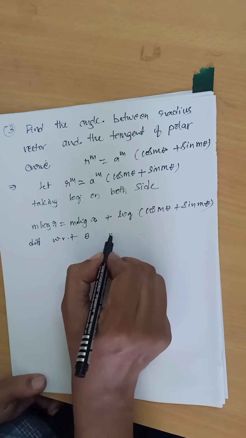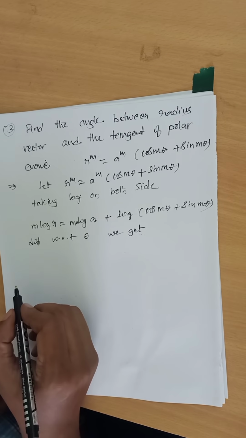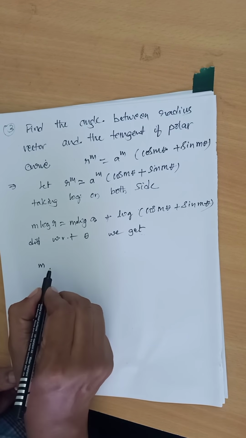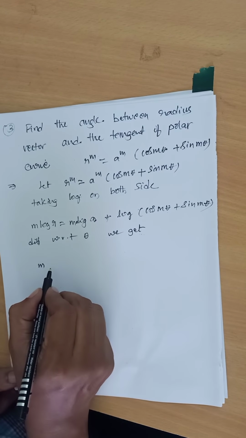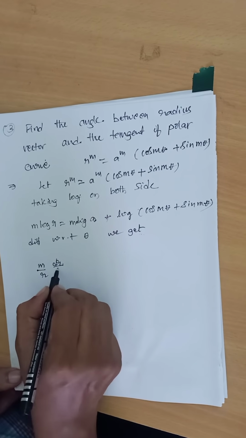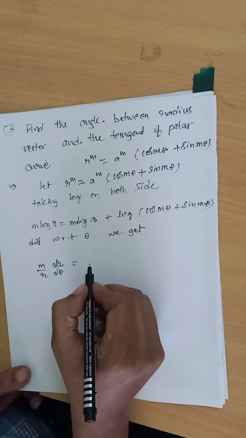We get derivative of m log r with respect to theta is m into 1 by r dr by d theta, m is constant. Plus derivative of log a is 0, constant.